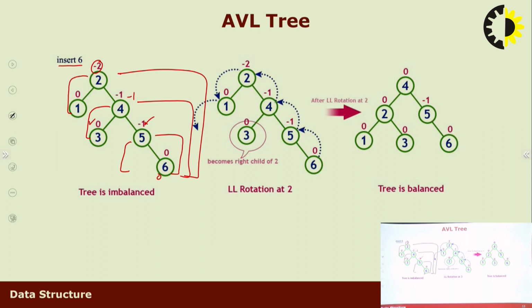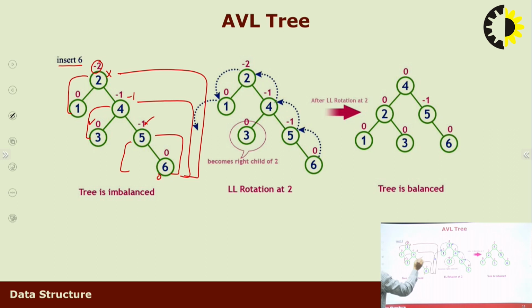Now, according to this situation, the tree is unbalanced at node number 2. The tree is imbalanced after the insertion of node 6. Now, again we will do the same thing. When the tree is unbalanced, we go from that node to the node due to which the tree is unbalanced.